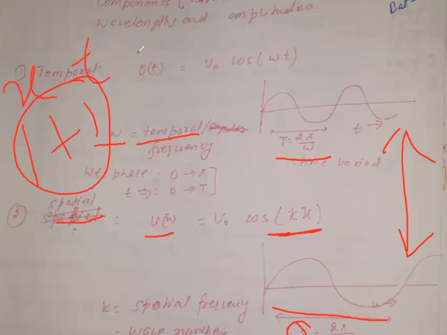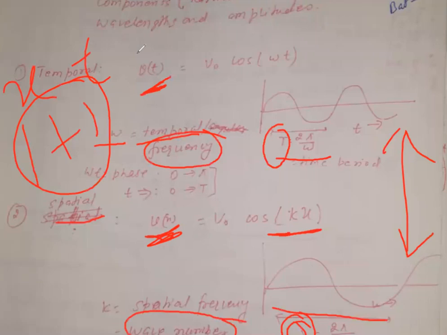So even though they are the same, we name them differently. One component in x, another in t. Here we call it time period, here wavelength, here frequency, here wave number. Sometimes books also write spatial frequency, because both are exactly the same. The only difference is nomenclature.